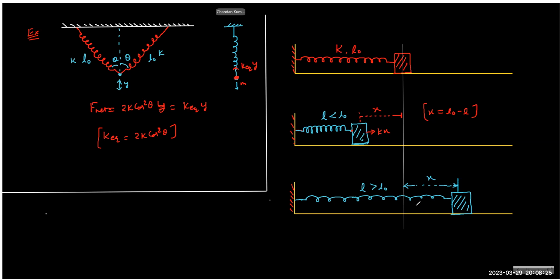Under what state is the spring, elongation or compression? Elongation. In the case of elongation, how will the spring force act? Will it try to go back to the original position? The force should act left or right? Towards the left. So on the block, it is acting left, correct?